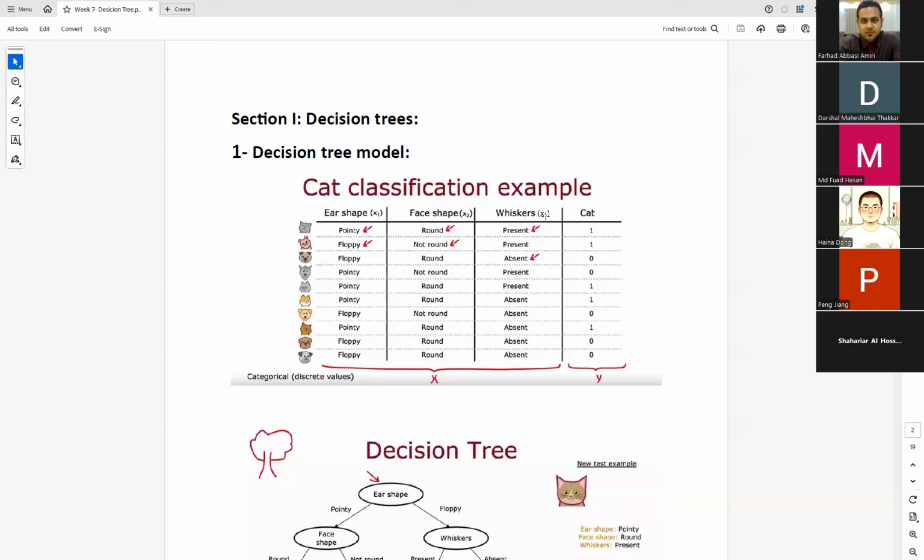And the whisker is either present or absent. So each feature has 2 possibilities. And the last column, Y or the target, shows that the image is cat or not cat. Cat means 1, not cat is 0. And the first 3 columns are our X, the features.